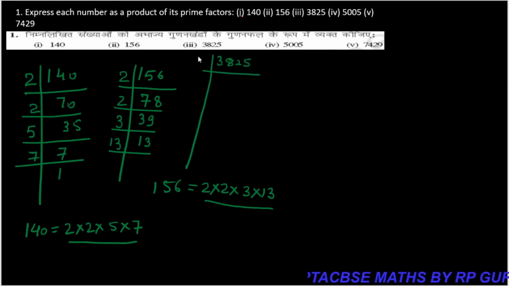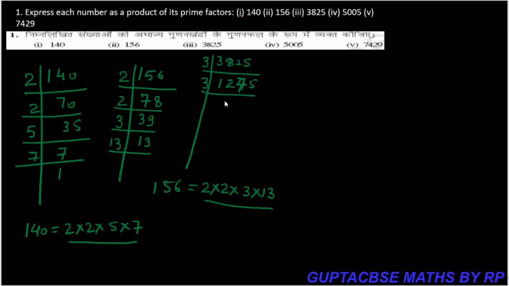Now here in this question 3825, first of all I will divide by 3. So 3 ones are 3, 3 twos are 6, and after this 3 fours are 12, and it becomes 22. So you can say 3 sixes are 18, 3 sevens are 21, and 3 fives are 15.